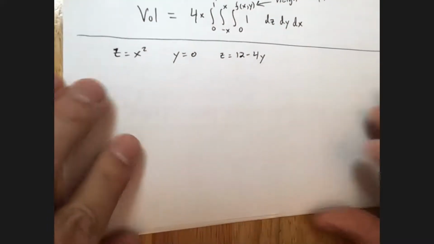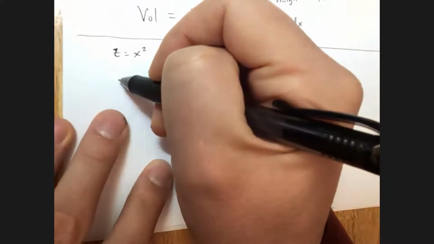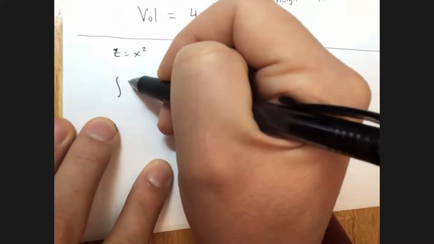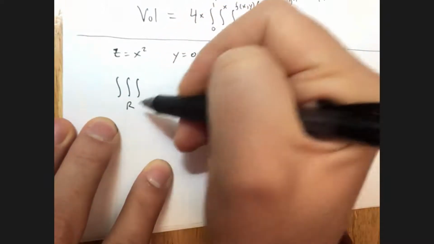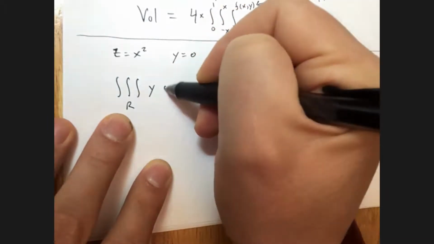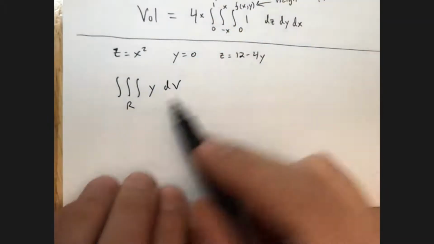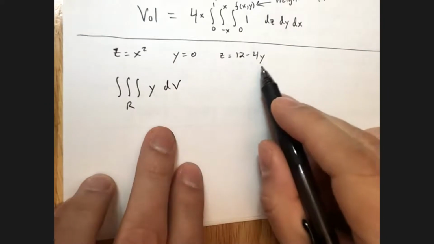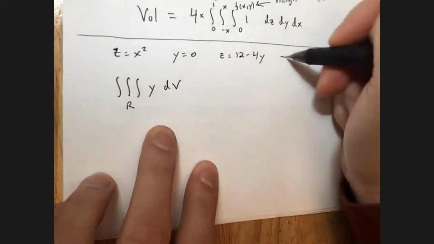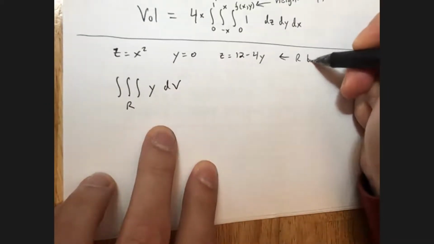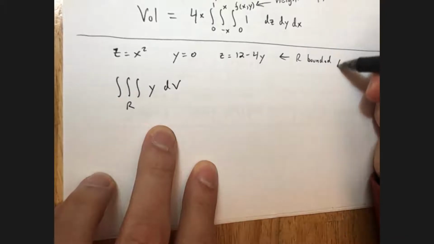Okay, so what we're doing is we're finding a triple integral over a region R of y dV, where R is given by the region bounded by these curves.